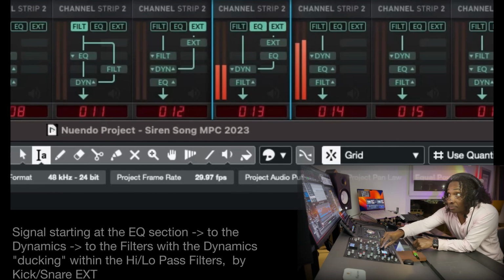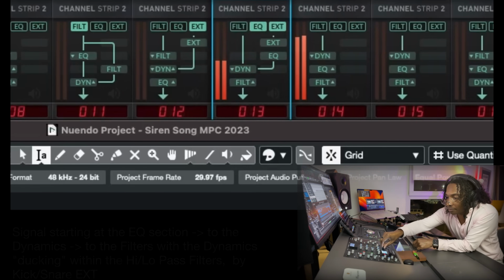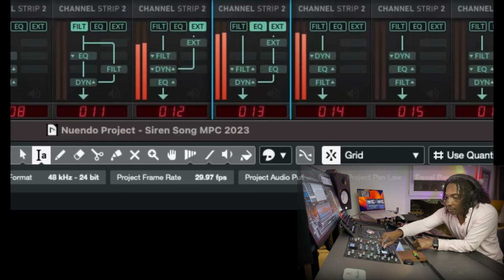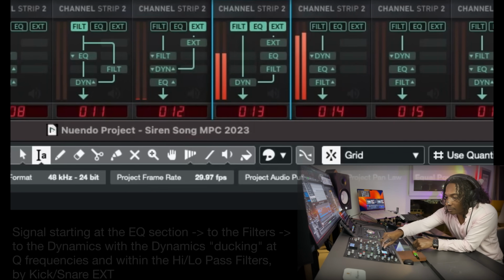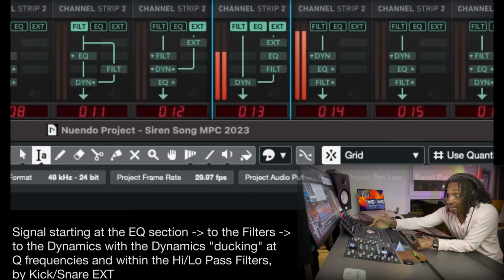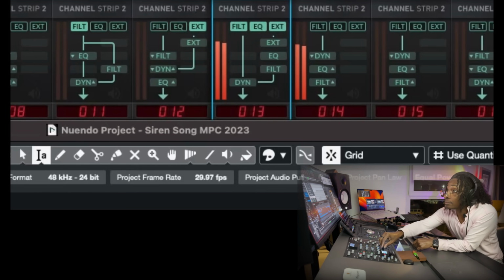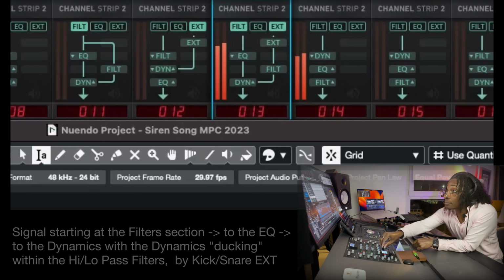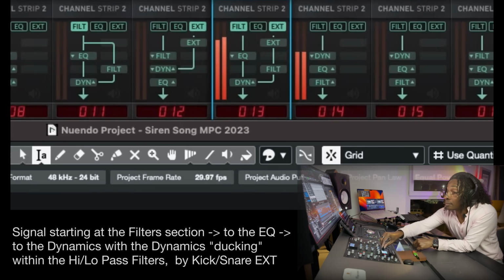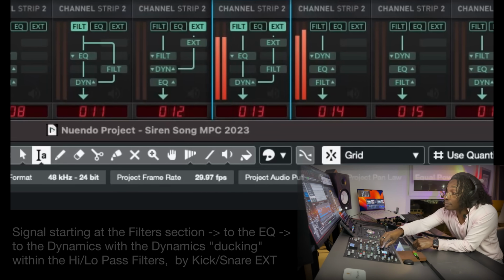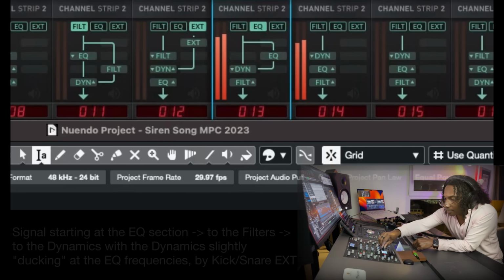I pushed it even more forward. Okay. That's pushing it back a little bit. It's just the filters activating it. Push back a little more.